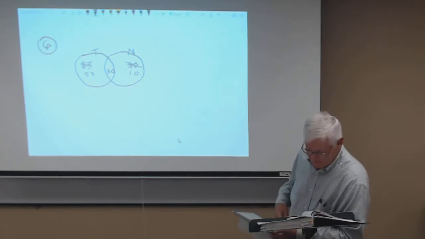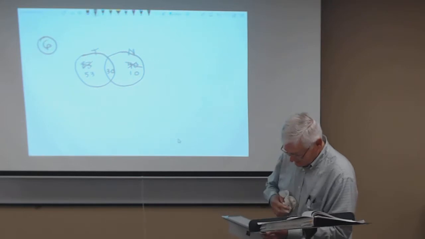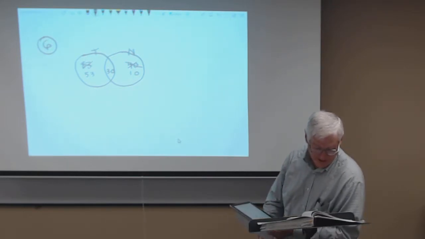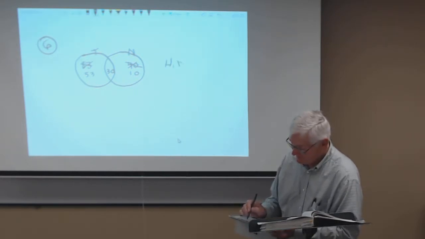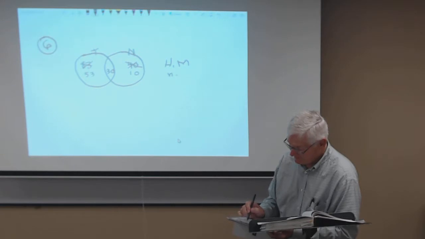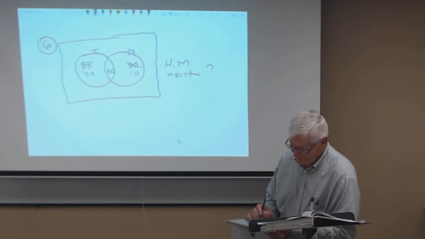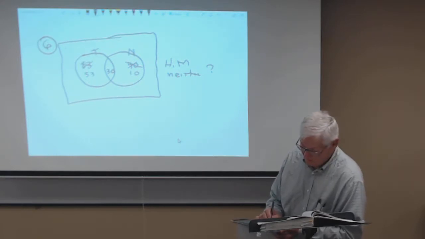Now, look what the question is for number 6. How many neither? Here's my box, my universe. How many people were surveyed? 100 families.